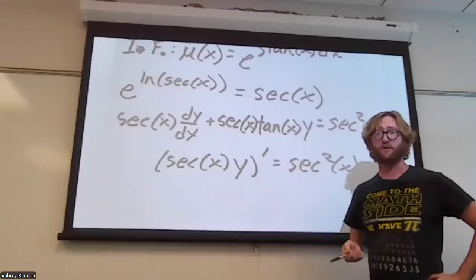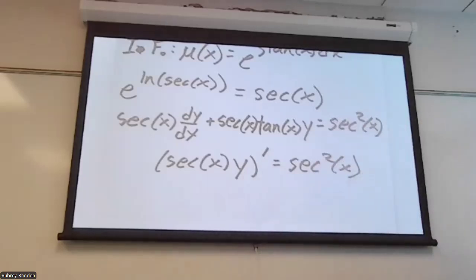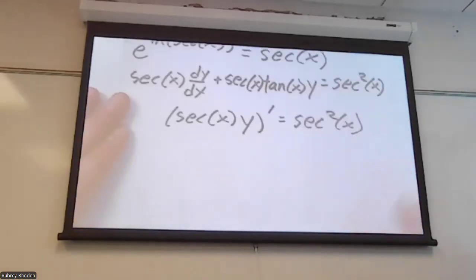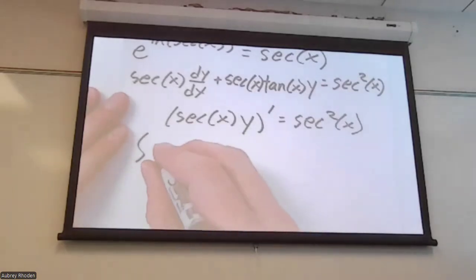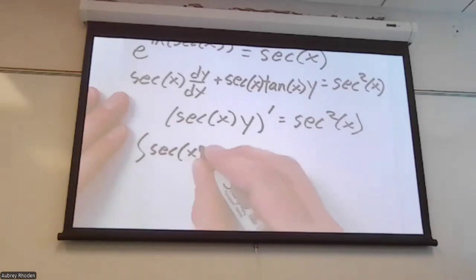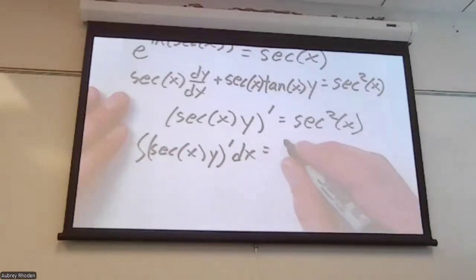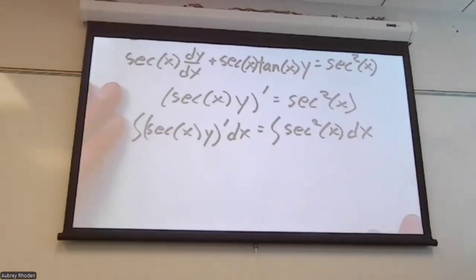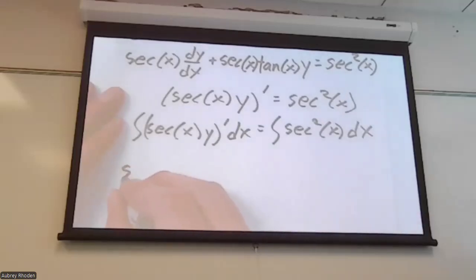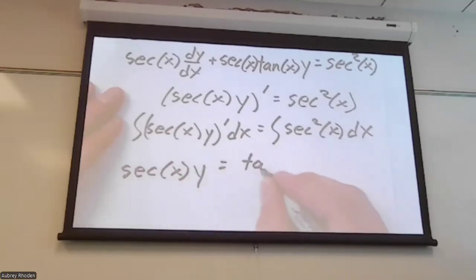And then once we integrate, it just gets rid of the prime. So we're always going to be left with secant of x times y, which is going to equal tangent of x plus c.